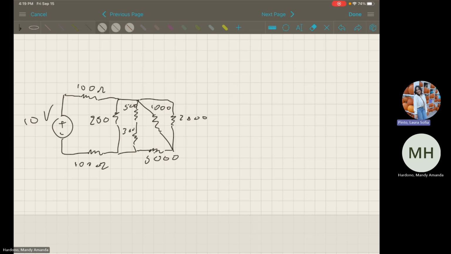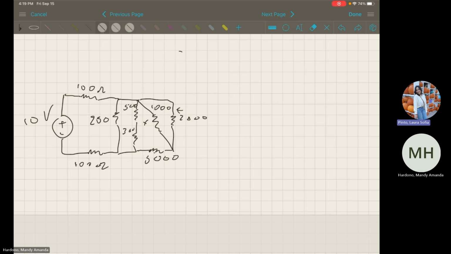Does anyone know what the first step would be to solve this? Are the right two in parallel? Yes, those two would be in parallel.